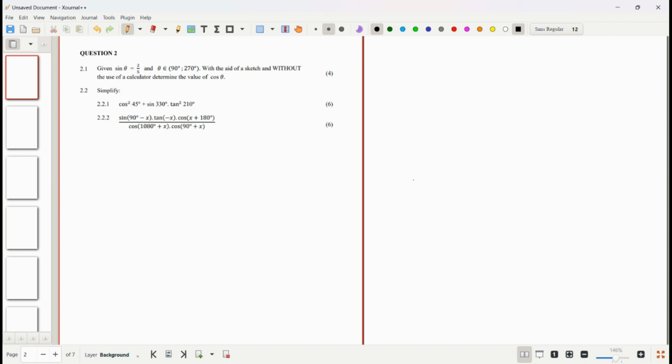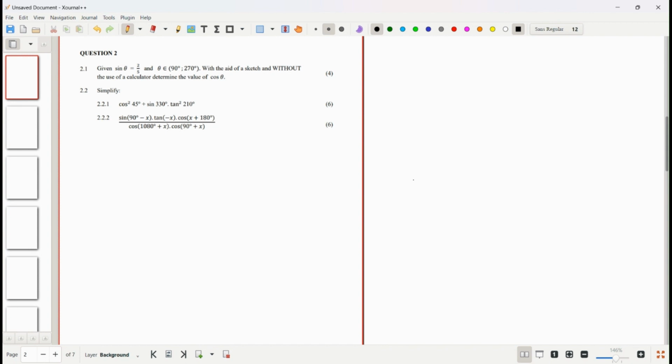In this session, we'll be looking at a question about trigonometry. If we can check here, we have question 2. In 2.1, we are given sine theta equals 2 divided by 5, and the interval for theta is an element of 90 to 270.